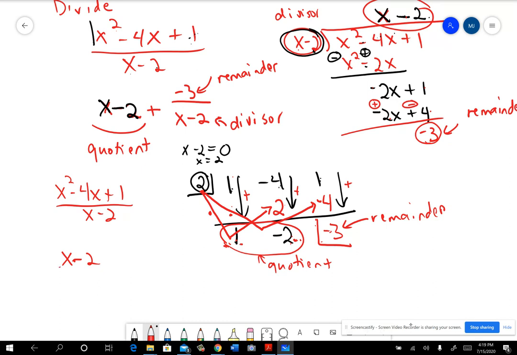So I would get the x minus 2 because that's where the quotient would go. Okay, then plus, then I put the remainder over whatever I was dividing by. And so remember that 2 is actually coming from the factor x minus 2. So make sure that this always matches that. Okay, so that's the remainder over the divisor. So you have to know where to find those things.